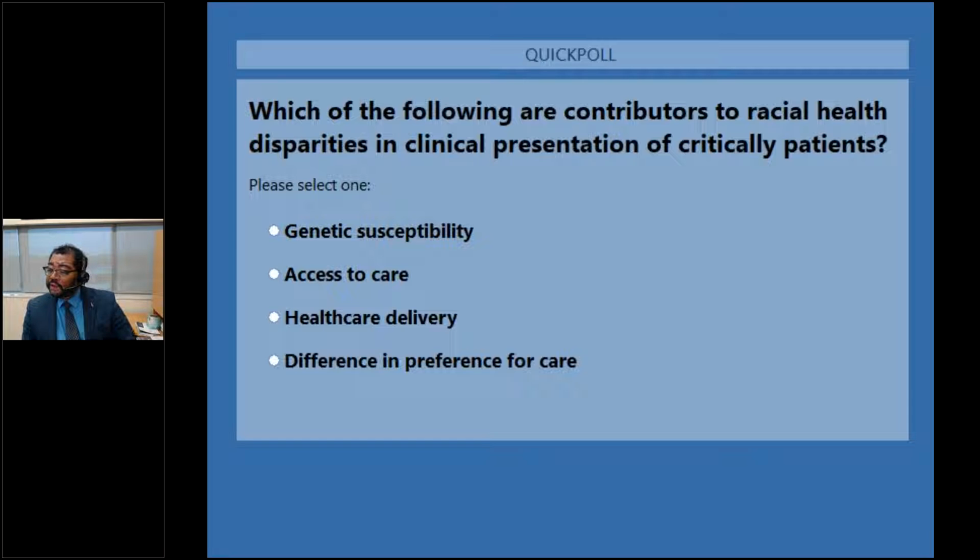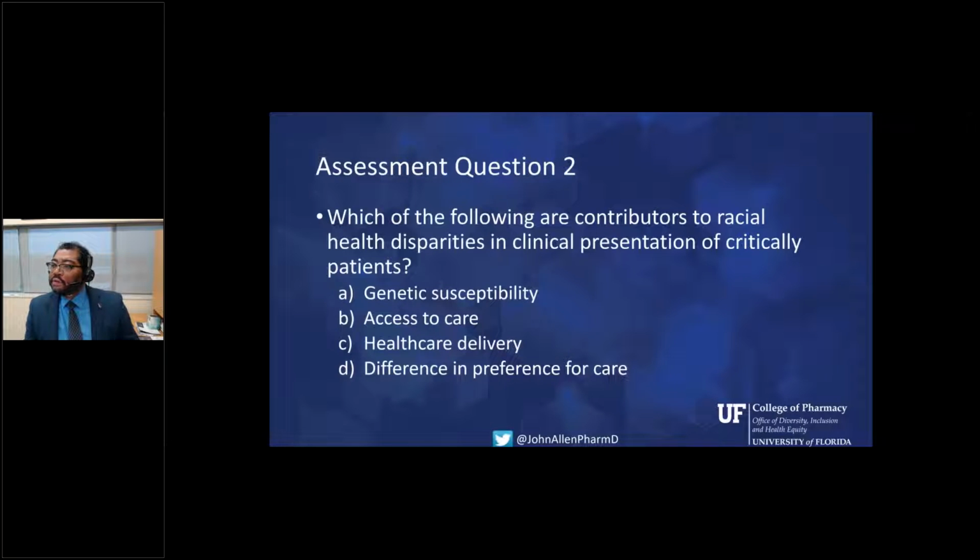We'll give folks another 30 seconds or so to get their answer in. All right, so it looks like the responses have slowed down.